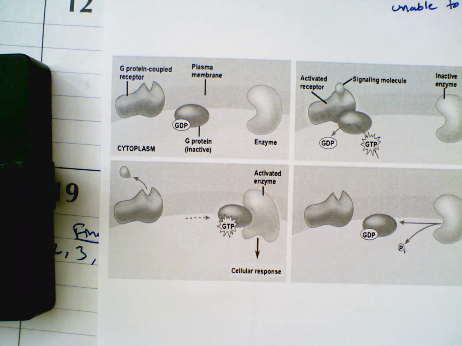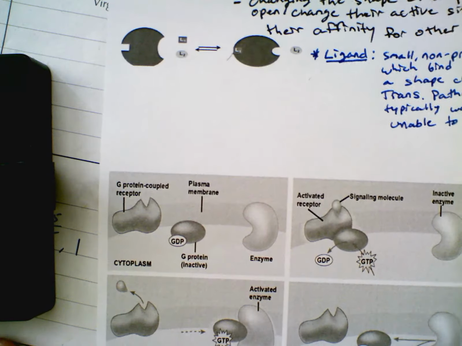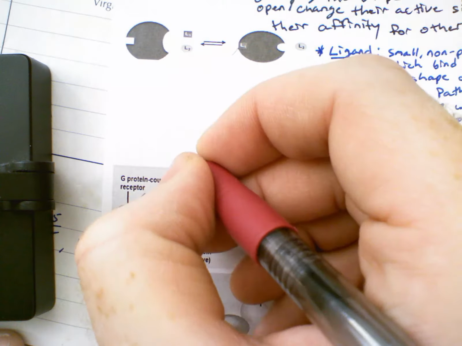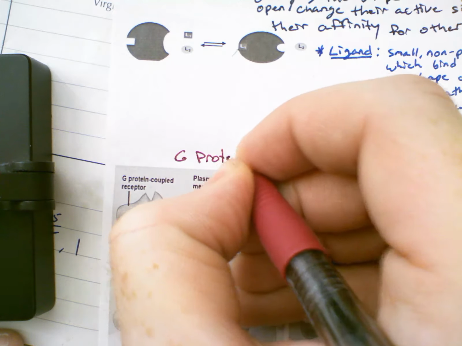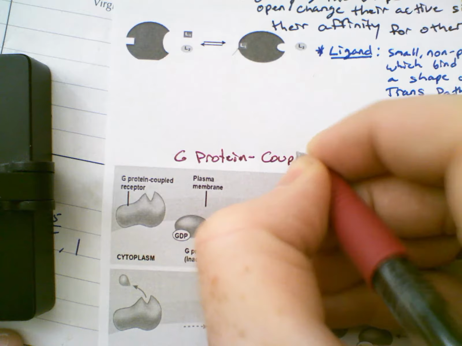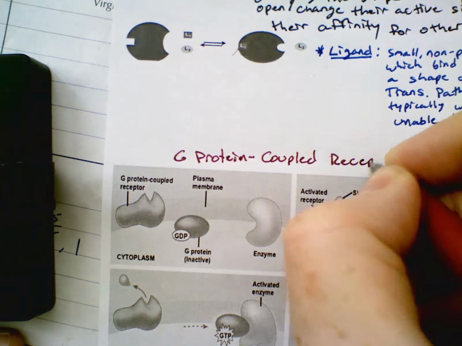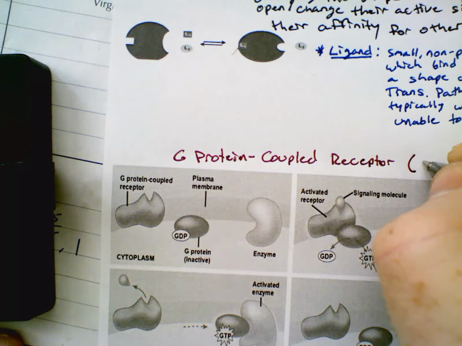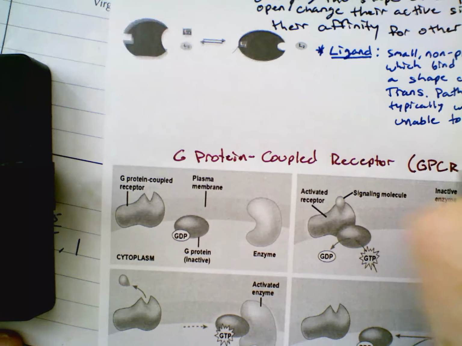So the first one that we're going to look at here, and again, this is out of 11.2, and I'm going in order as how your book goes, is going to be called a G protein coupled receptor, which I'm going to abbreviate through this whole thing, the GPCR.